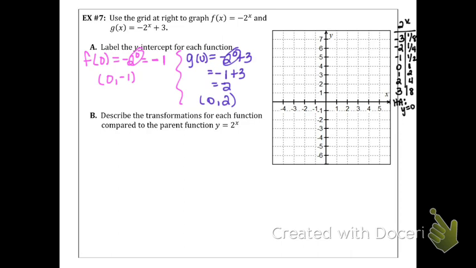Now, the reason I did that is I can either make new tables for these, or we can just think it through. So we know for f of x, it's negative 2 to the x. And so our y's are just going to change signs. Our y's are multiplied by negative 1. So all of my y's are going to become negative. I'm going to reflect across the x-axis.